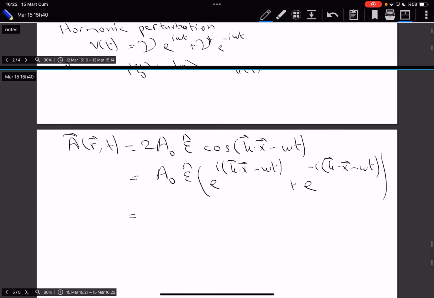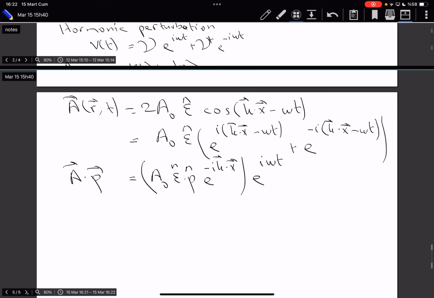You see, this A dot P is now A0 epsilon dot P e to the power minus i k dot x e to the power i omega t plus A0 epsilon dot P e to the power i k dot x times e to the power minus i omega t.